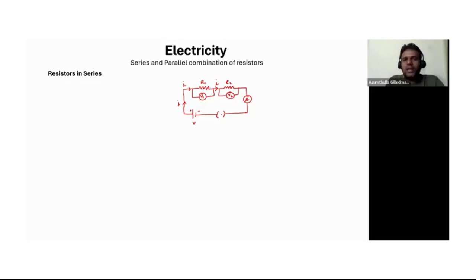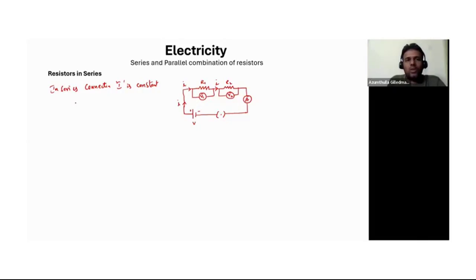Now, let's see what is the effective resistance when it is in series. So here in this circuit, in series connection, I is constant, right? The current I is constant. The same amount of current will flow through all the resistors. All right.